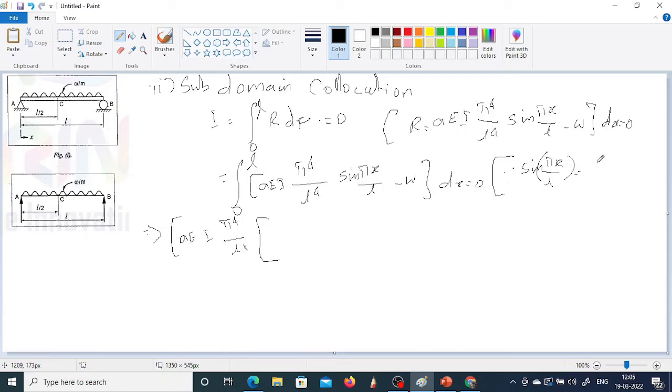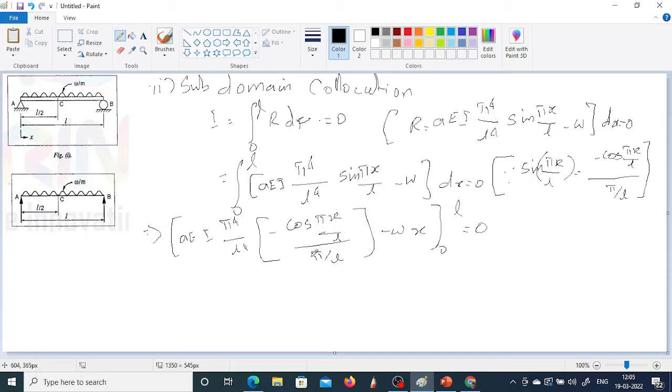It can be integrated and rewritten as minus cos pi x by L divided by pi by L, which is the formula for the integration of sine pi x by L. Now I can write here minus cos pi x by L, whole divided by pi by L. What happens with the minus W with respect to dx? I get minus W x. The limits are 0 to L, which is equal to 0.